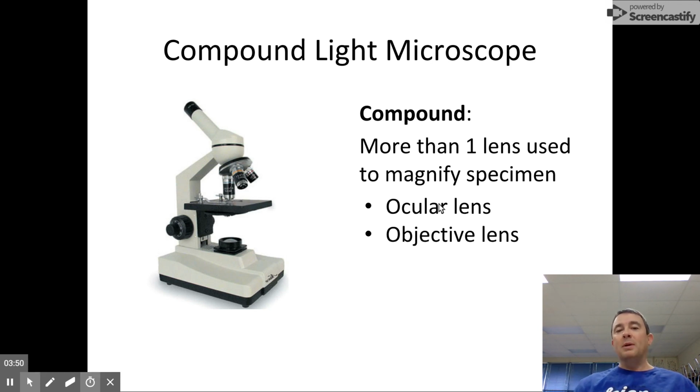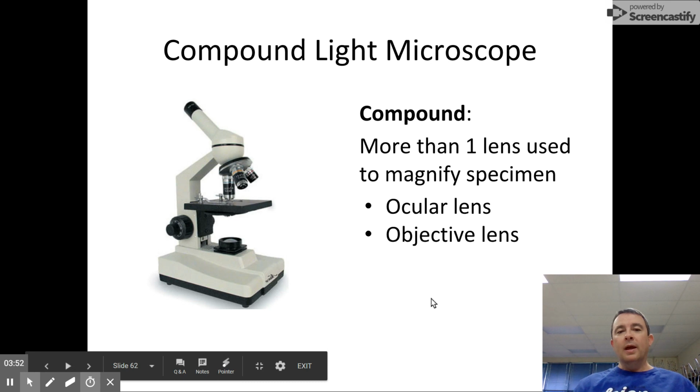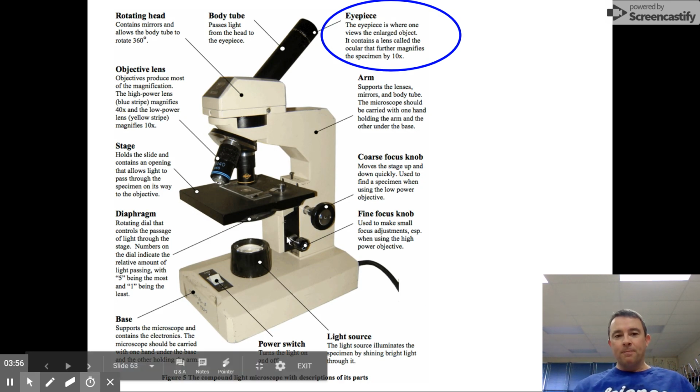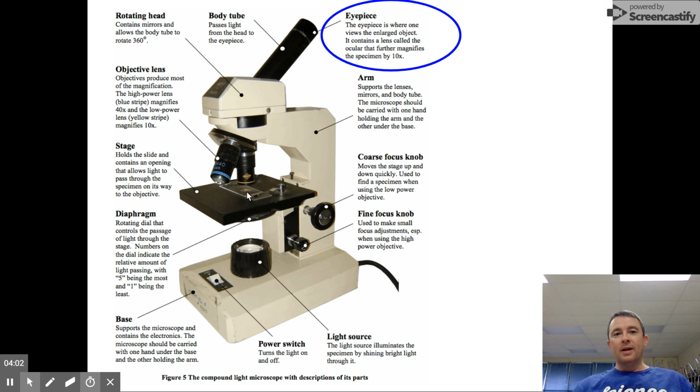Now, compound means more than one. And the reason we call this a compound microscope is because anytime you're looking at a specimen, like this microscope slide here, maybe some kind of tissue or plant cells or animal cells, whatever's being viewed is being magnified twice. There's a lens up here in the part that you put your eye close to called an ocular lens.